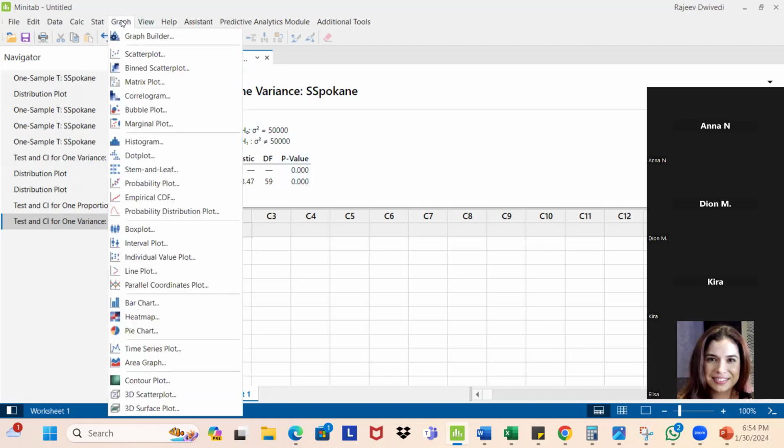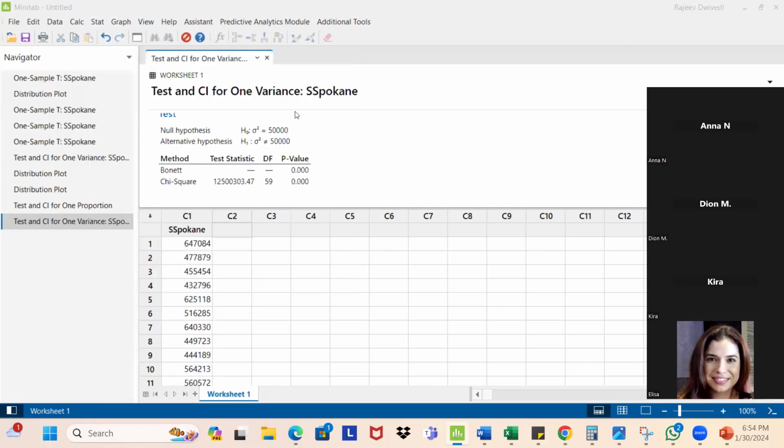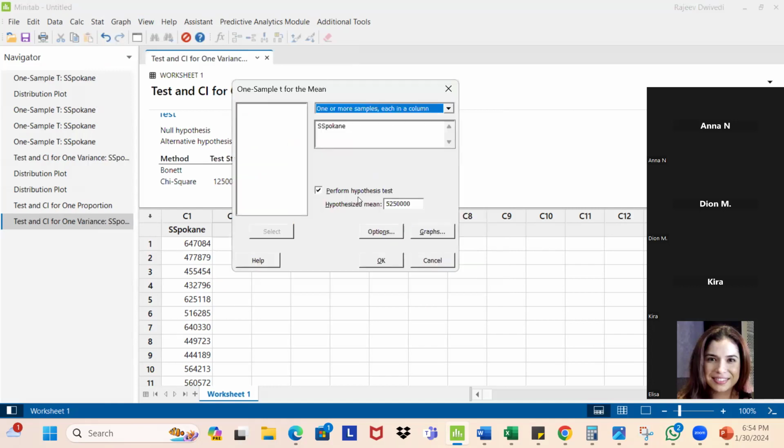And now one more thing I would like to share, because it skipped my mind. Basic statistics, one sample t. Now here you see we did 525,000. Let me do the 550. Oh, I think I put an extra zero in that, therefore it was not working.